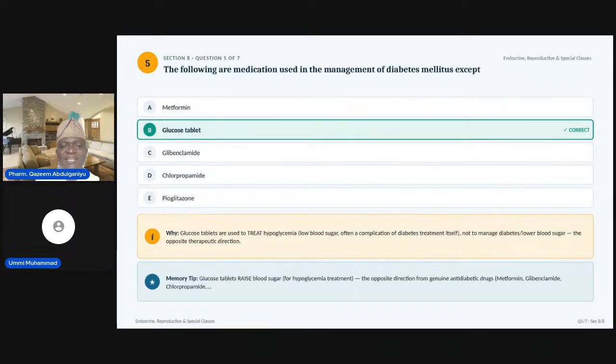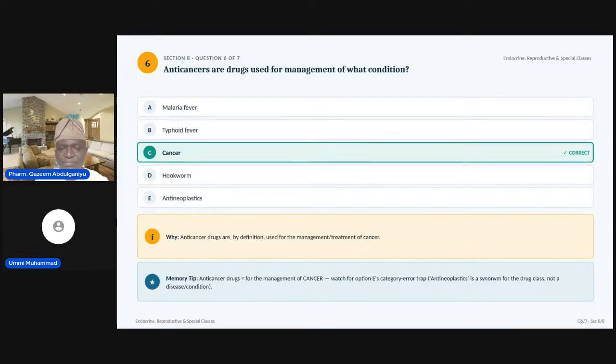And then the next question is saying the following are medication used in the management of diabetes mellitus, except glucose tablet. Glucose tablet is not used in managing diabetes. So that one knocks it out completely. Remember, metformin is a biguanide. Glibenclamide is a sulfonylurea, and the rest as we have them.